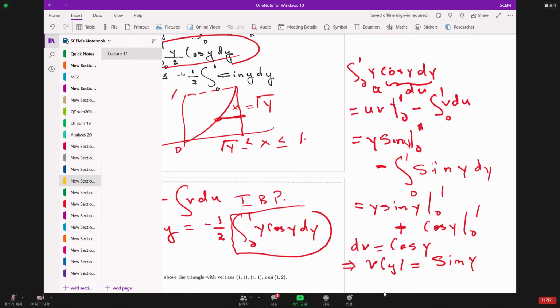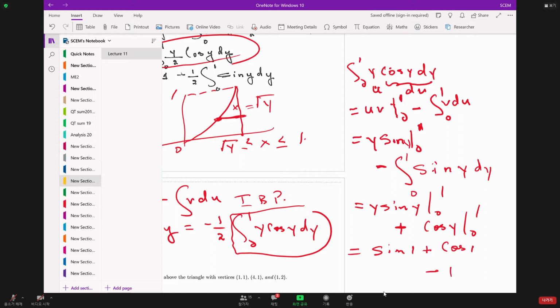You have to look; you can't just say right and move on. It's not magic, it won't go off. You have to go and work problems. You understand? So now we substitute 1: you get sine 1. Put 0, that's 0, plus cos 1 minus, put the lower limit, cos of 0 is 1.